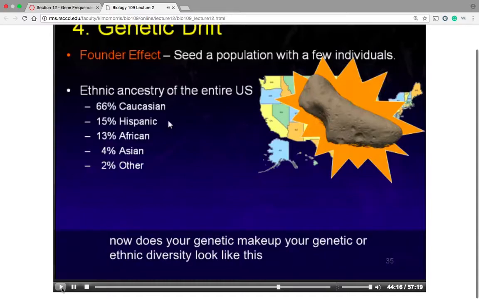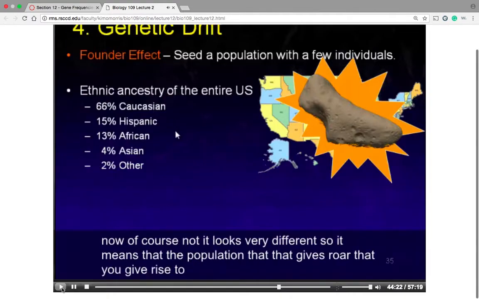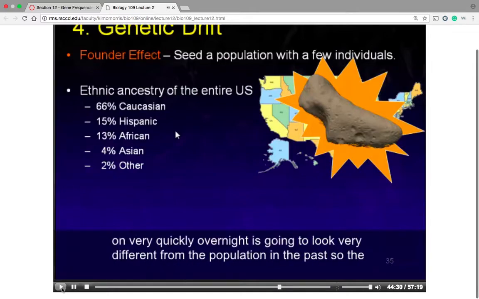Now, does your genetic or ethnic diversity look like this? No, of course not. It looks very different. So it means that the population that you give rise to, very quickly, overnight, is going to look very different from the population in the past.